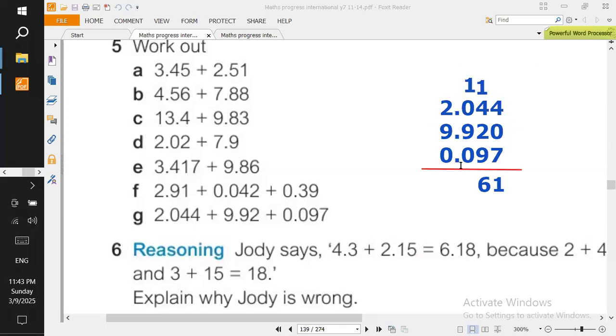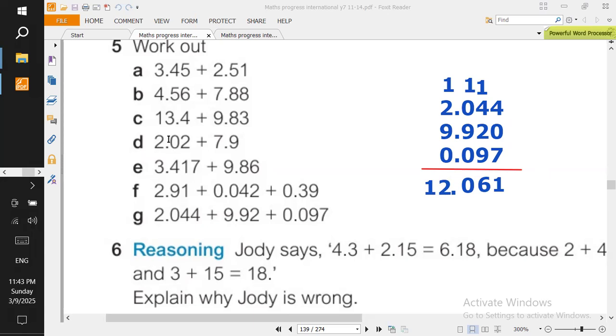Plus 9 is 10. And this is 0. So 0 and 1 on top, like this. Now the decimal point in its place. And then 1 plus 2 is 3. 3 plus 9 is 12. So the final answer is like this, 12.061.